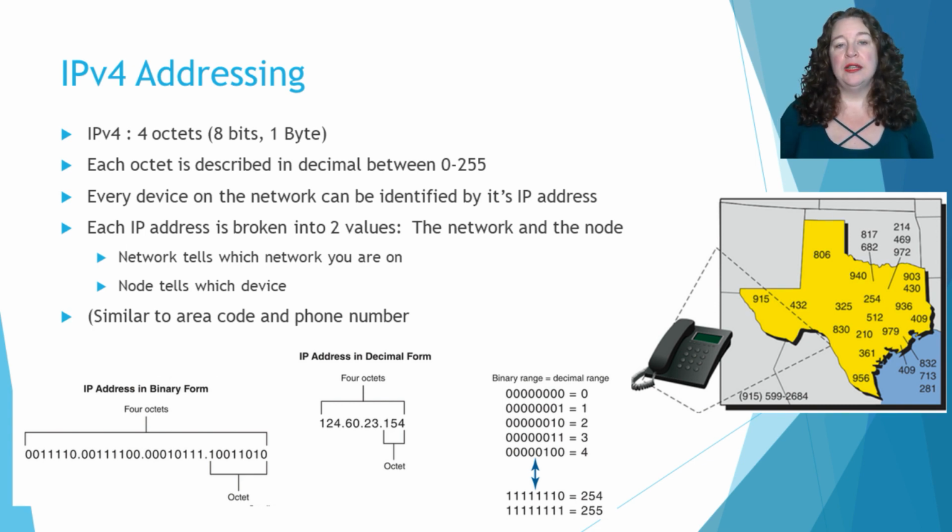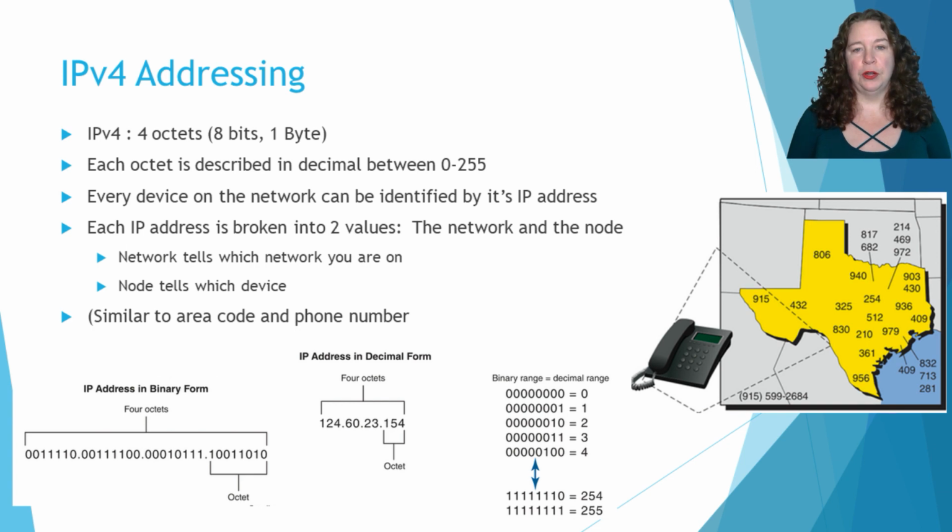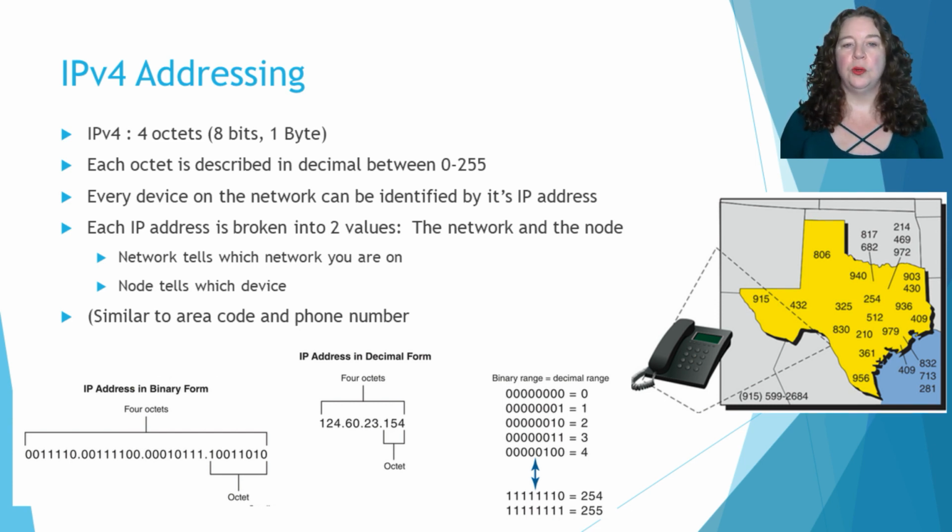Each IP address is actually broken down further into 2 different values. The first part is what we call the network, and the second part is what we call the node. So the network and the node. The network tells you which network you're on, and the node tells you which device. We're going to get further into this with subnetting to break down how to do that, but let's just start at the beginning.